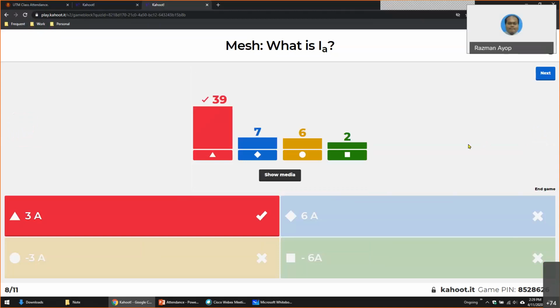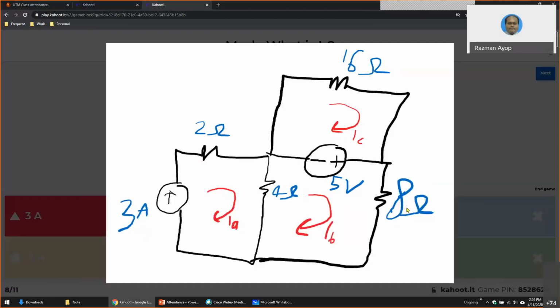2, 3 of you get the correct answer. So if you look here, the loop current is the same as the current source. This is also a super mesh, so just equals the current source. For mesh analysis, whether you have resistance or not, it is considered a super mesh.